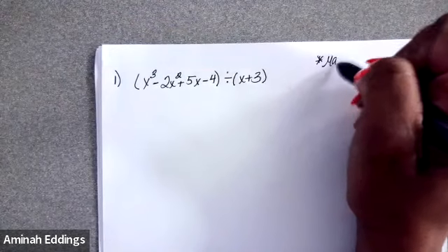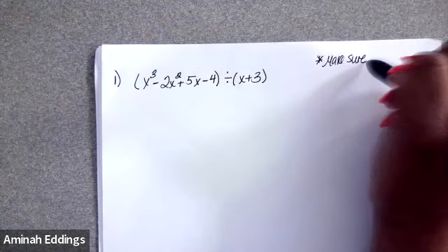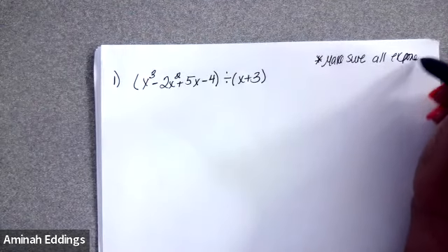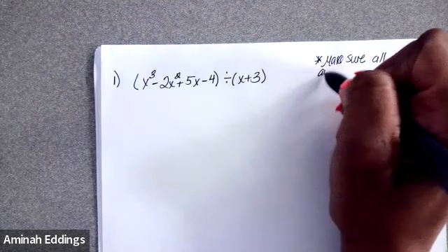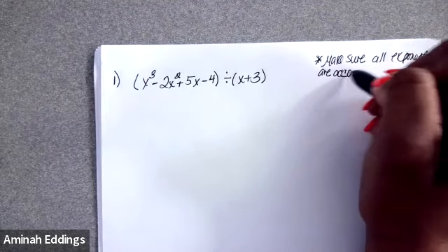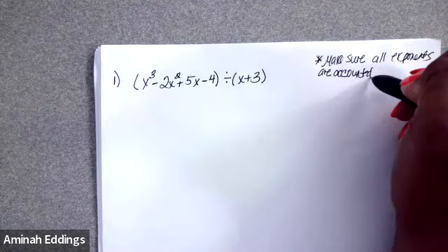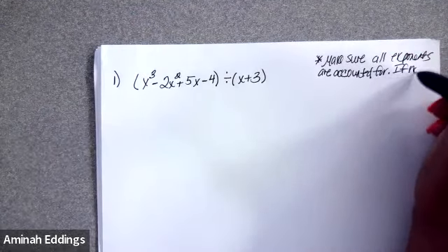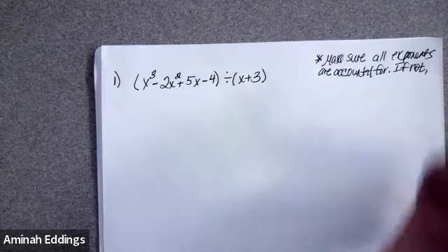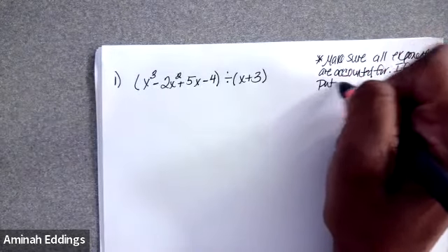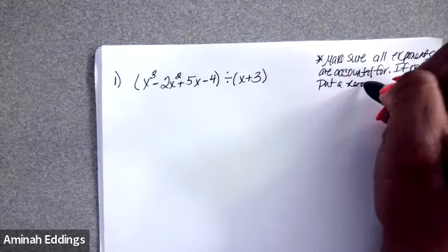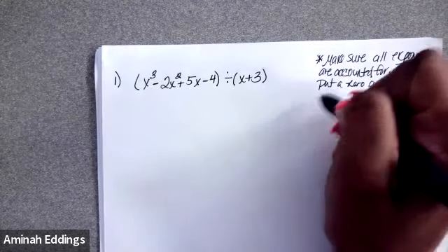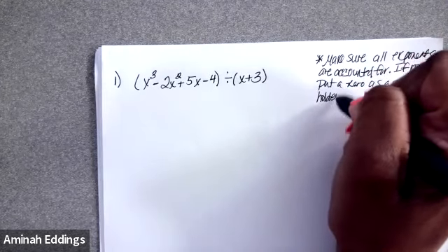All right, so the first thing that you want to do always is to make sure all exponents are accounted for. Okay, if not, you're going to put a 0 as a placeholder.